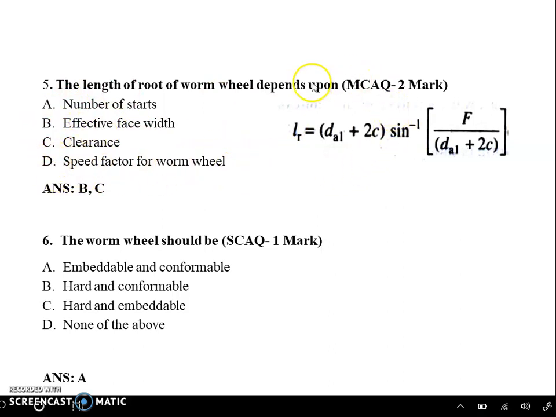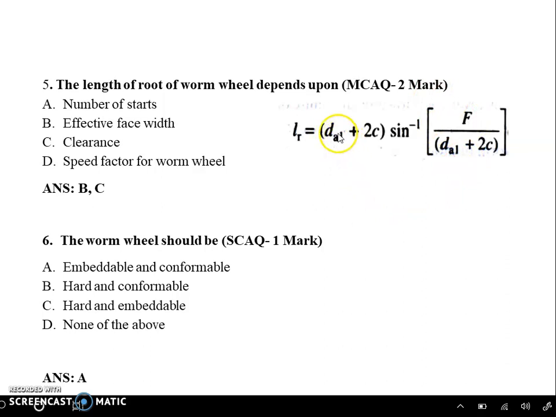So length of root, for this if we observe the formula, then we will come to know that length of root LR is equal to dA1 plus 2C sine inverse of F upon dA1 plus 2C. So this means that this particular length of root depends upon addendum diameter, clearance, and this effective phase width.